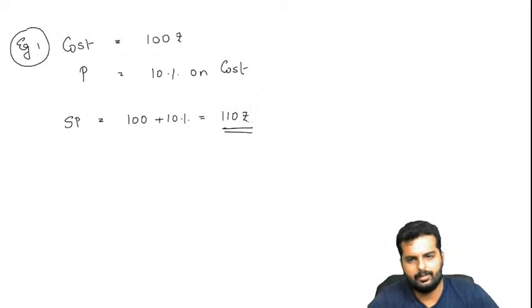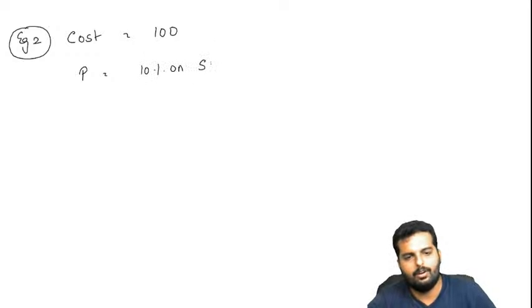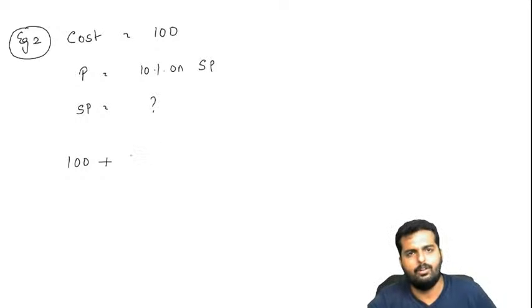Alright friends, I'll now give you example number 2. I'll make it a little bit more tricky. Cost is 100. Profit is said to be 10% on selling price, and now they want you to find out the selling price. So here I'll use the equation. It will be 100 plus 10% of selling price. I'll call selling price as x.